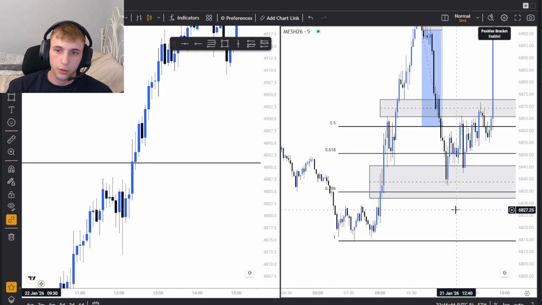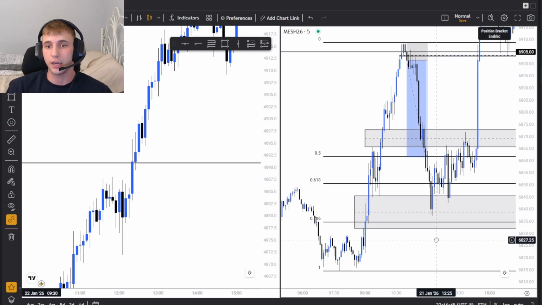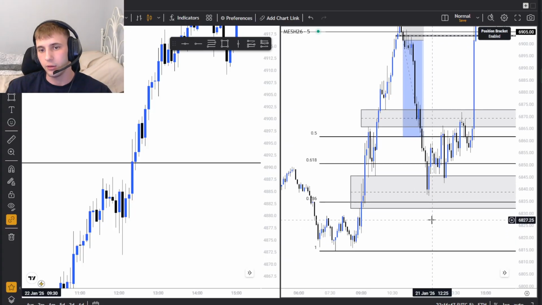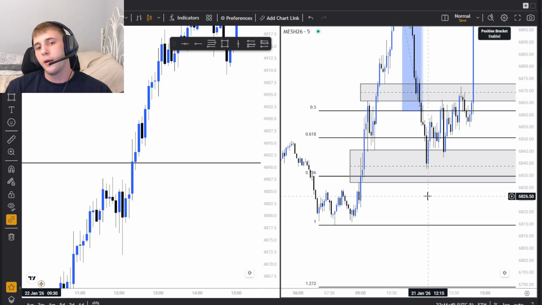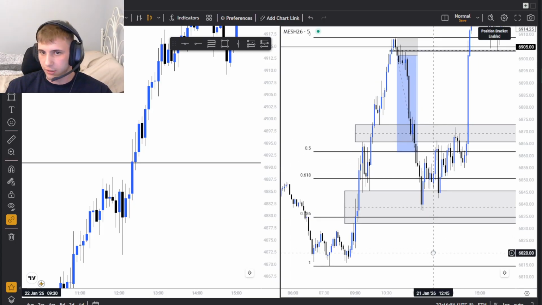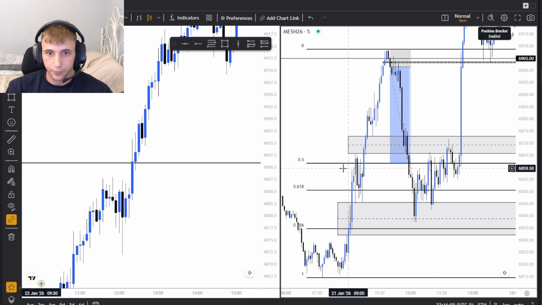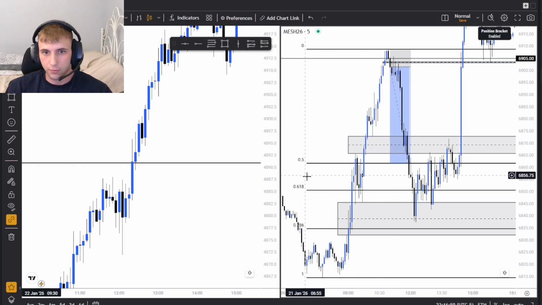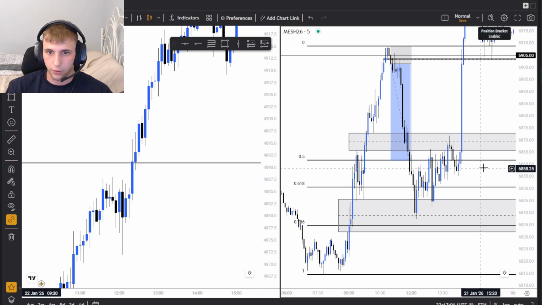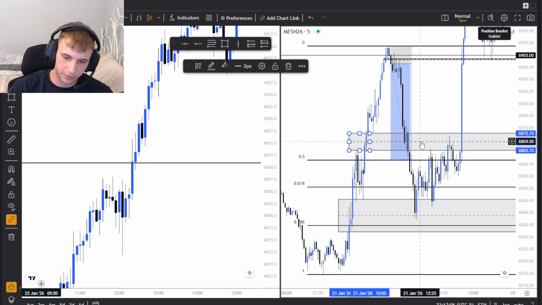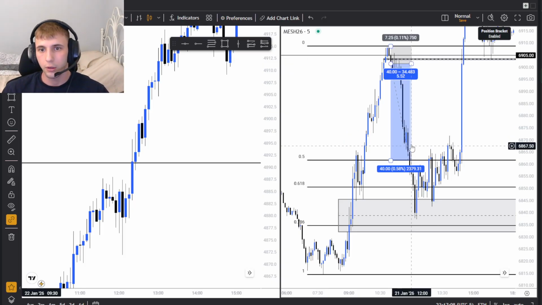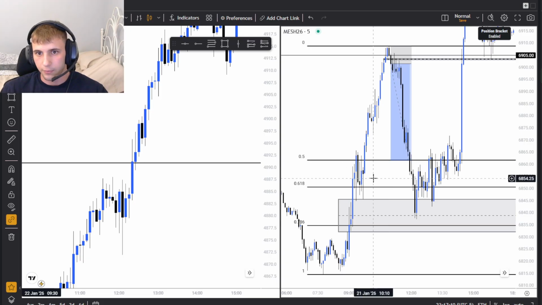No. There's a very big possibility that it could, right? But you just have to be cautious about it. So what I would personally do, something that you could do in this scenario, is you can have multiple take profits, okay? You can have one, you just completely disregard this gap, right? This gap is going to get blown straight through, especially if we get to it.